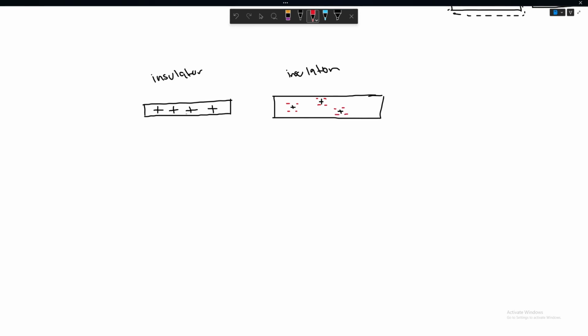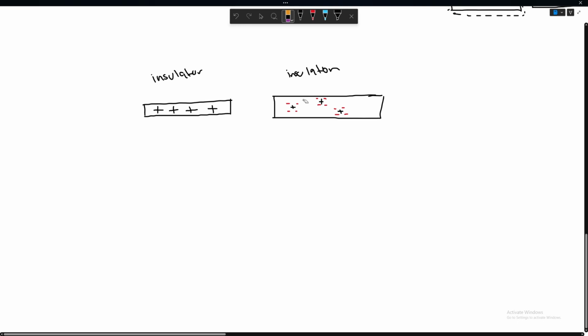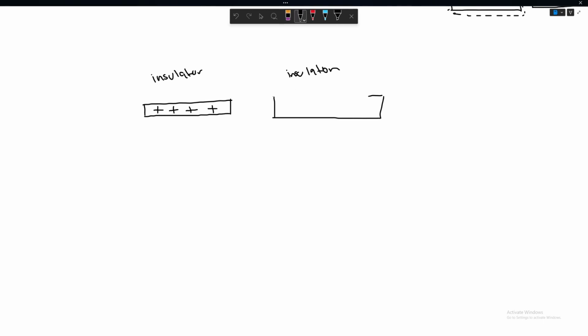Alright, now when I bring this nearby, what actually happens is the electrons will move. And so I'll start with my positives, but my electrons will be like this. Remember how I said the electrons can't move within the insulator, but within this one atom, the electrons can all move to one side of the atom.